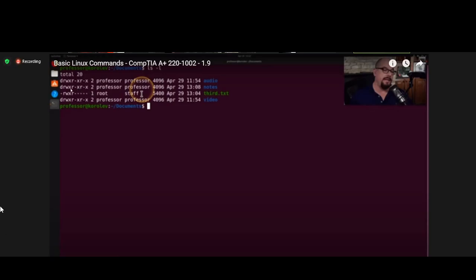Here is the 2x. So two people, the owner and the staff, can have the permission to execute the file. And here the x is 1, so only one group has permission to execute the file. Is that clear, this part?